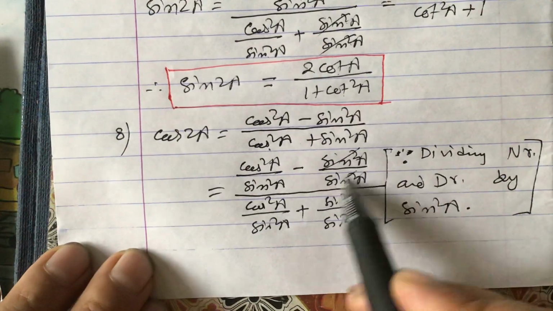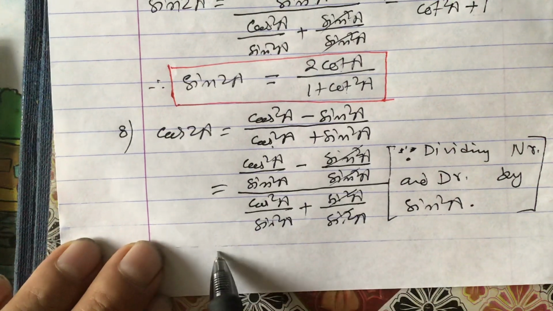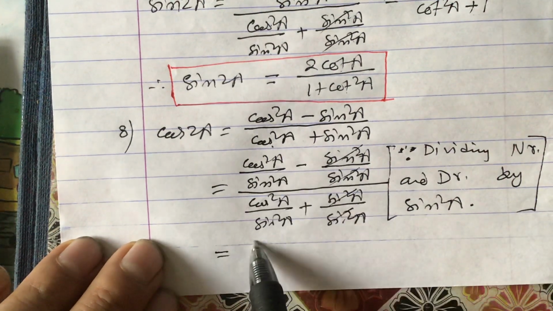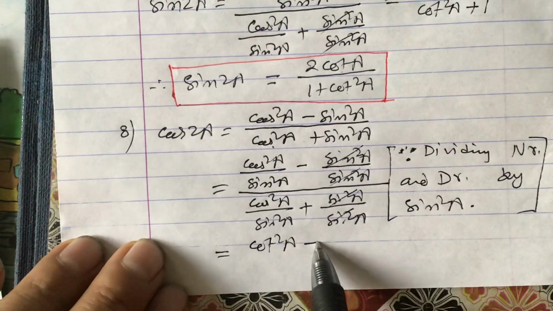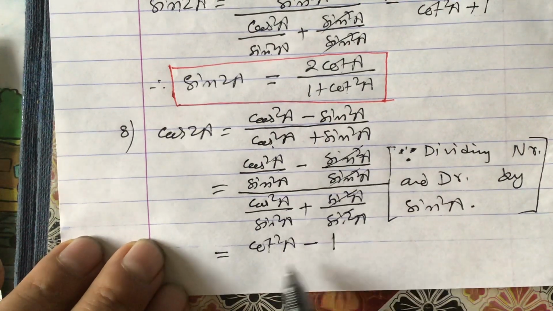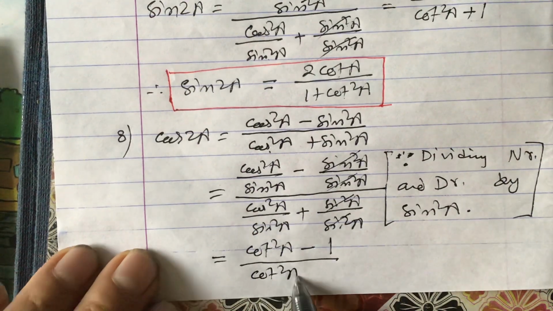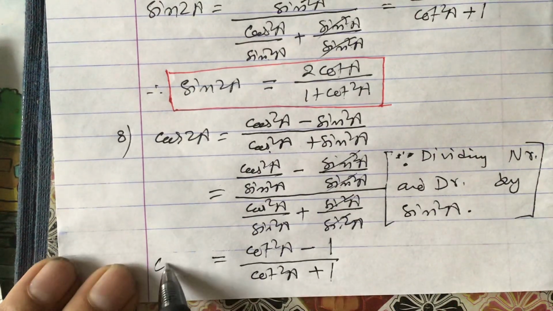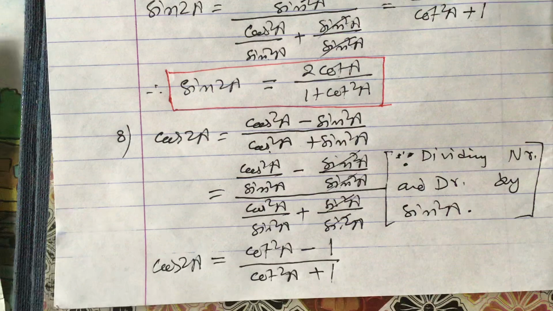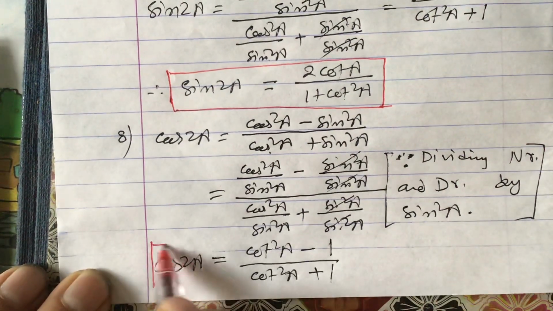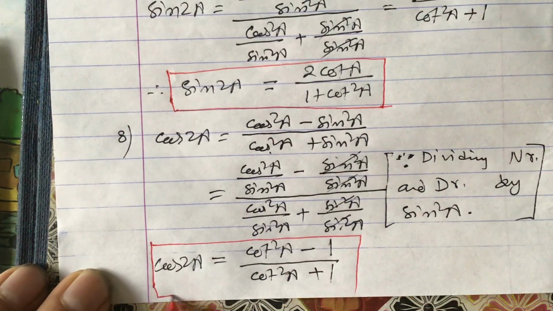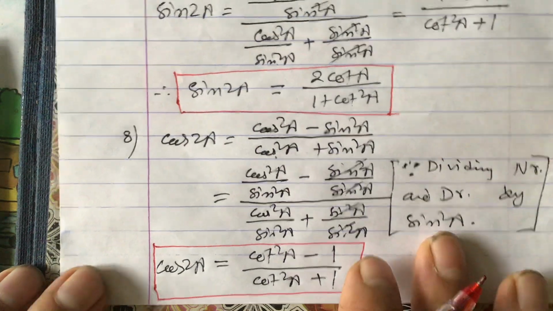Now sine square cancels. What you will get: cos square by sine square is cot square a minus 1, divided by cot square a plus 1. This is the formula of cos 2a in terms of cot. If you need the formula of cos 2a in terms of cot, then you can use this one.